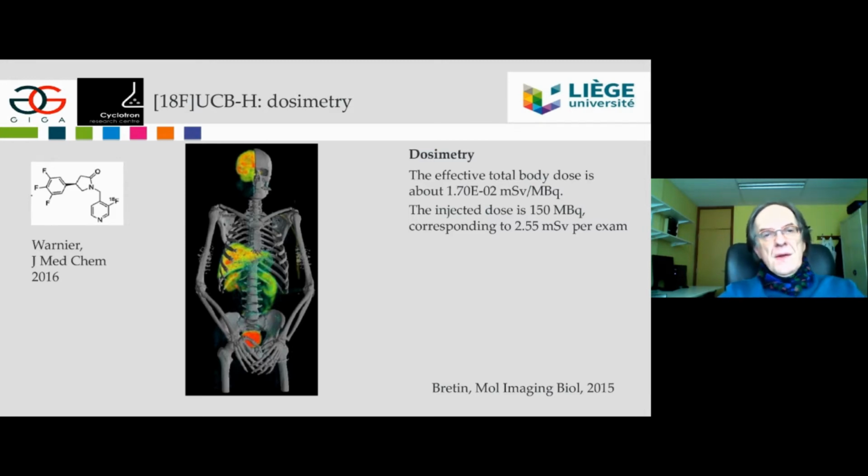So taking that into account and making a kind of a calculation, we could see that the effective total body dose was relatively low. And because we decided to inject a relatively low dose of the tracer, we can say that for each exam, our participant will have roughly 3 millisieverts as the effective total body dose.